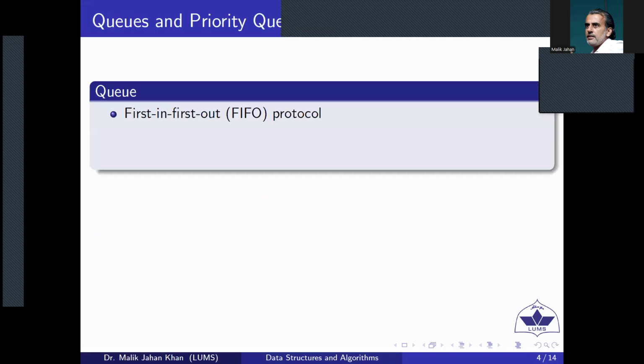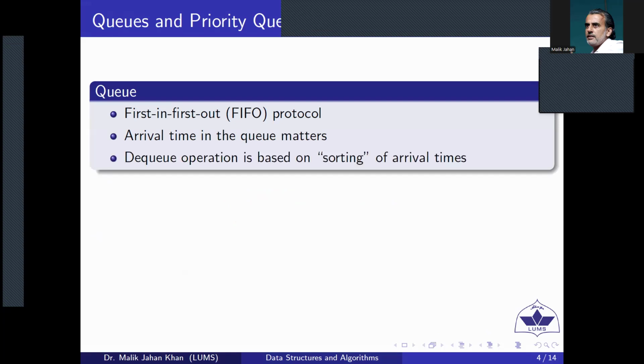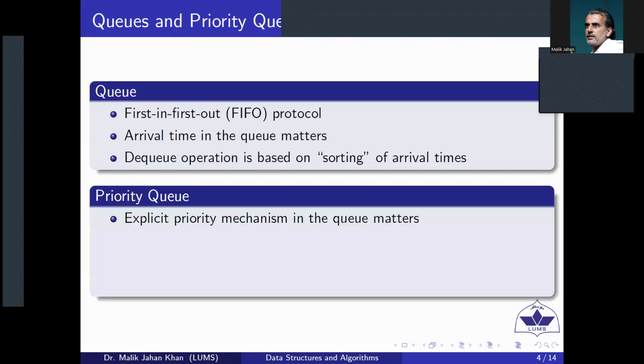Let's very quickly recall our basic concept of queue. Queue is a data structure which follows the first in, first out protocol. So arrival time in the queue matters. The item which came first will be given higher priority, and the dequeue operation is based on the sorting of arrival times.